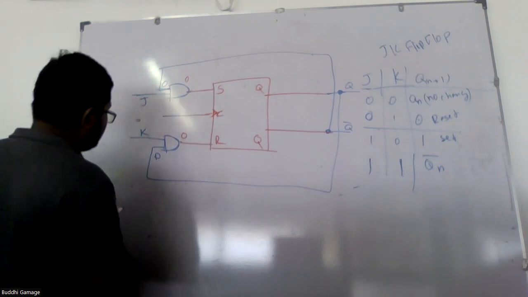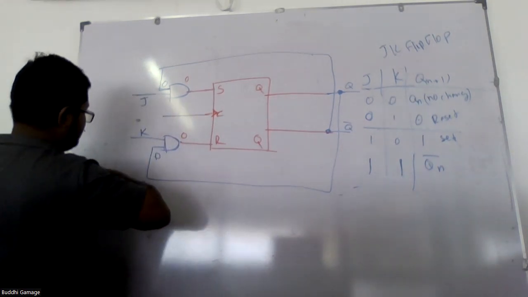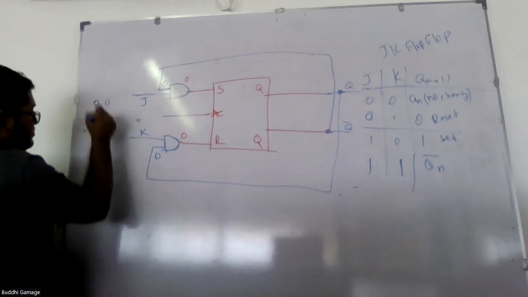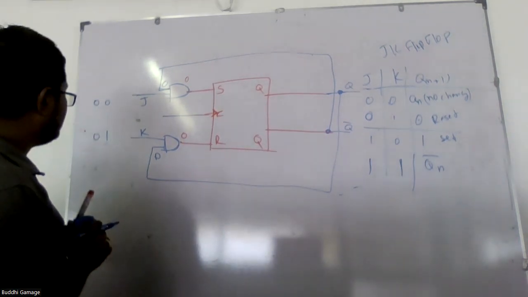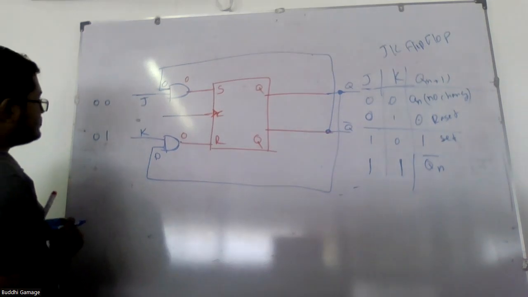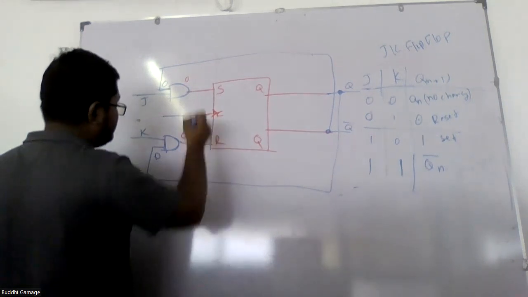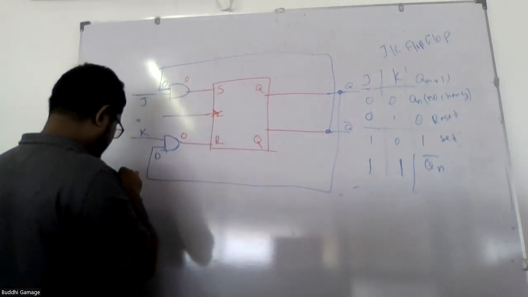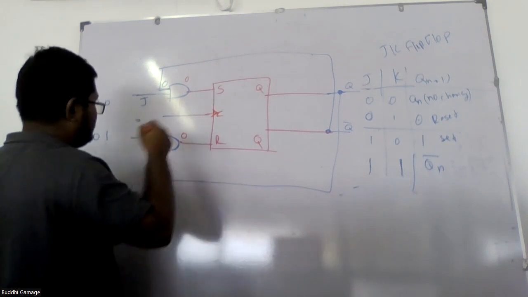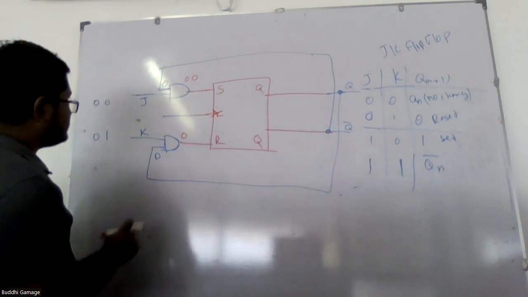Next, the other thing. This is for 0 0. The other thing is 0 and 1. Right. Since this is 0, anything that comes from here will be 0. Right. Anything that comes from here will be 0. Right.